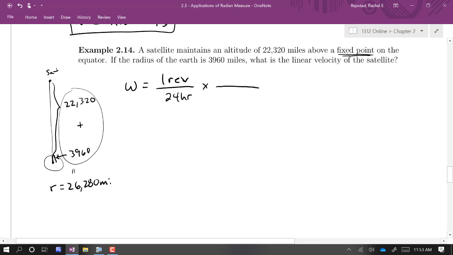Of course, I need this in radians per unit time instead of revolutions, so I'm going to use the fact that one revolution is 2 pi radians. So the revolutions cancel. We end up with radians per hour, and then of course 2 goes into 24 12 times. So we have pi over 12 radians per hour.